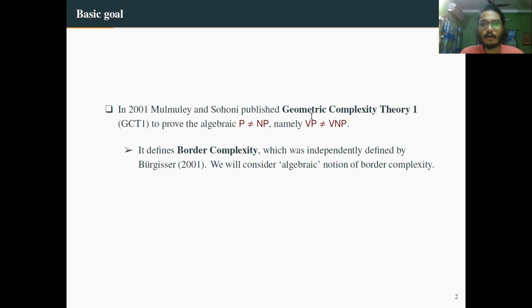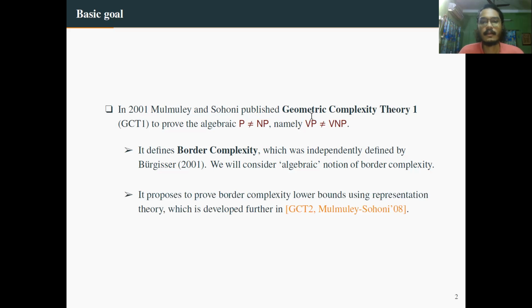And in this talk, we will only be considering the algebraic notion of border complexity. There are different notions of border complexity. Almost all are equivalent, but for the sake of simplicity, we will be talking about the algebraic notion. So I'll define the algebraic notion of border complexity, VP, VNP later. So what's the basic goal of proposing Geometric Complexity Theory?